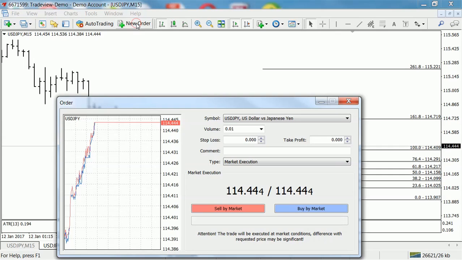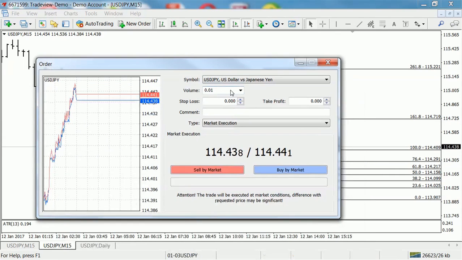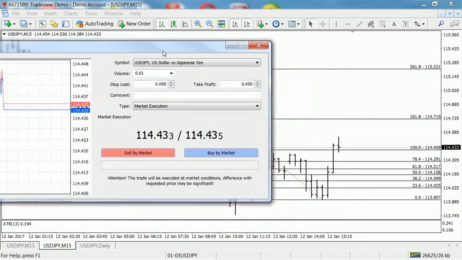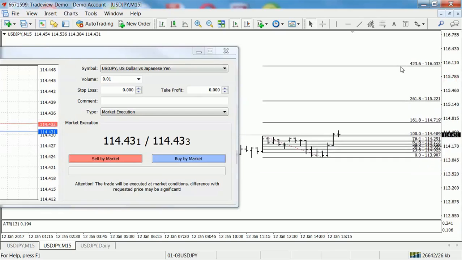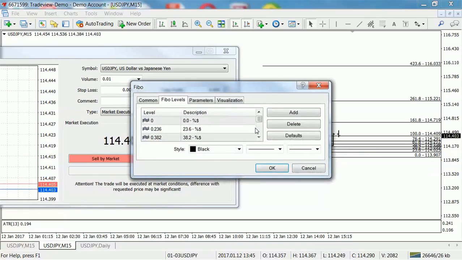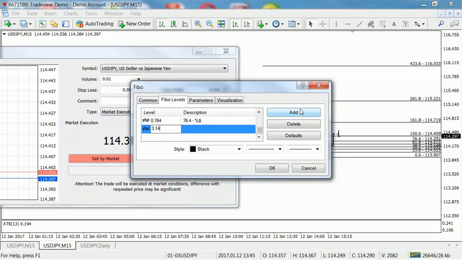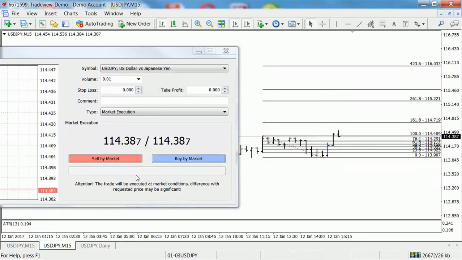So you place a new order, whatever your account size is, and that's where you enter. The stop is here, the take profit 1 is here, 2 is here, and 3 is here. That's another level that you can add if you want. 3.14 if you want, let me just put that at 3.14. So that's another level that you can add if you like.